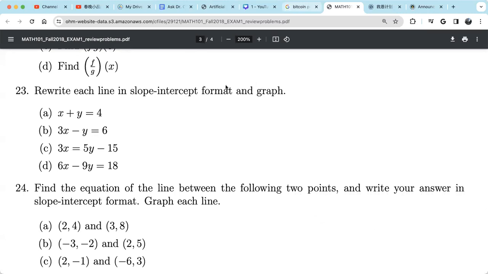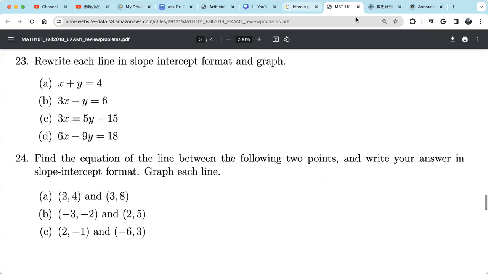We want to rewrite each of these linear equations into slope-intercept form. Remember what that is? Slope-intercept form means y equals some number times x, then plus some other number. For the first one, we move x to the other side, the same as subtracting x from both sides.